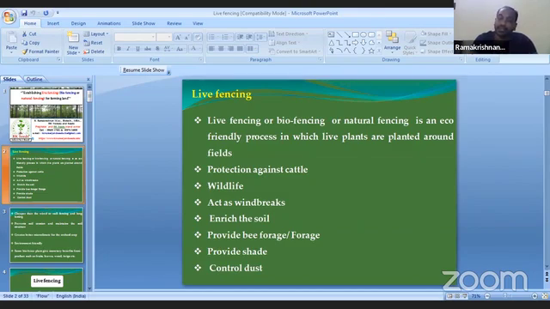Then, control dust. How can live fencing control dust? Because of industrial areas, dust from other industries will come to the farming land. Suppose, how can we prevent it? So we go for Casuarina. Suppose an industry is constructed in a building for industrial purposes, and air pollution, water pollution and other pollution are coming.